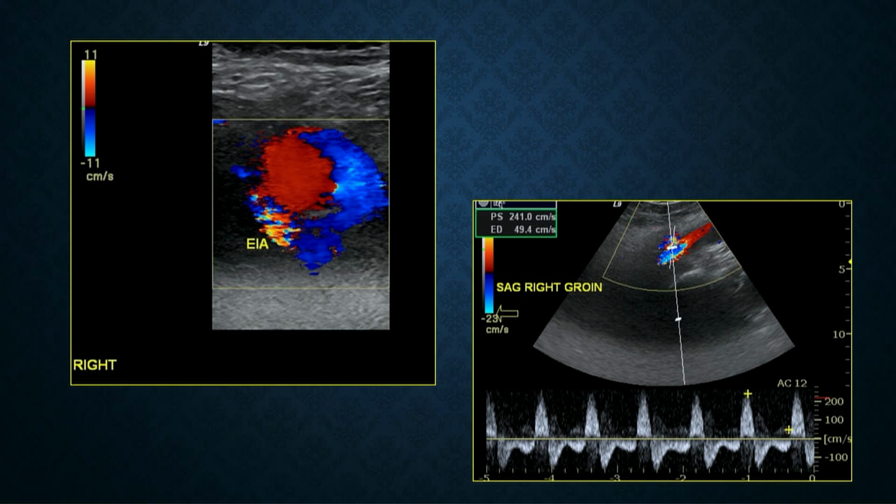And when we scan above, we see there's a fairly large pseudoaneurysm arising from the external iliac artery, likely from a high puncture during cardiac catheterization. And when we identify the neck and sample it, we get a classic to and fro waveform from the neck of the pseudoaneurysm.